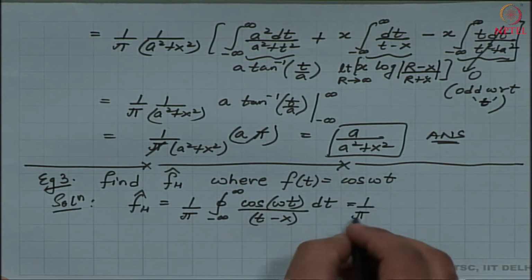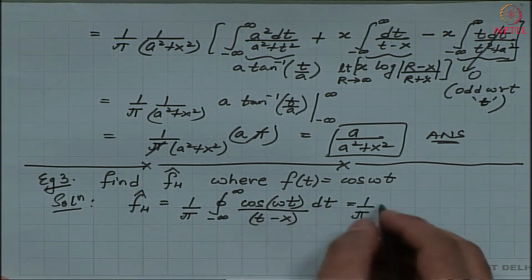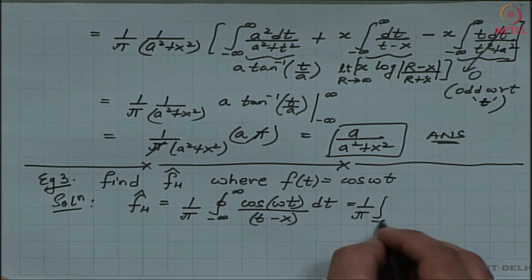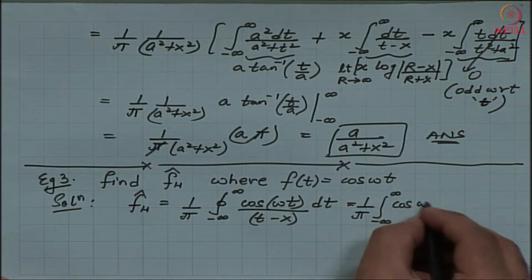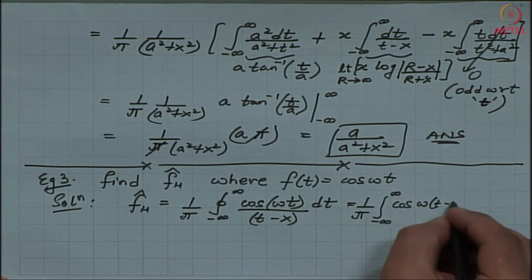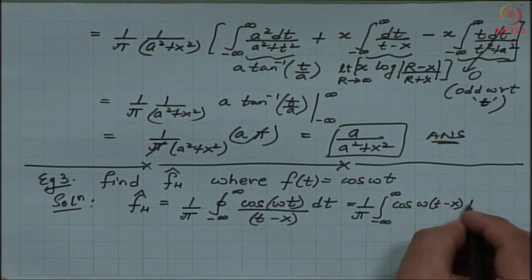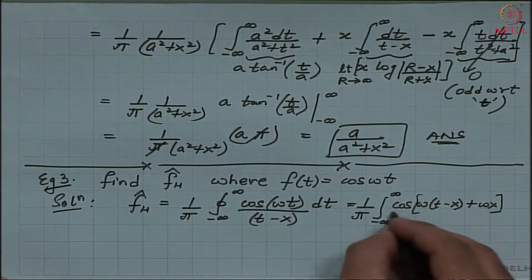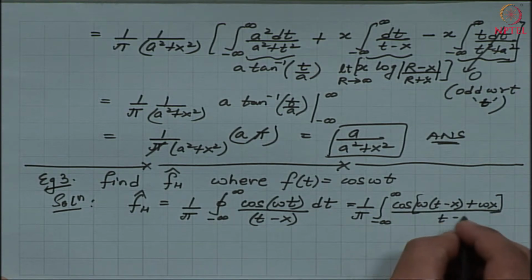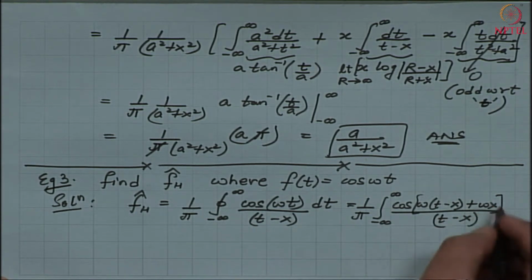I am going to rewrite this integral, the integrand, as follows: 1 by pi negative infinity to infinity cos omega t minus x plus omega x divided by t minus x dt.